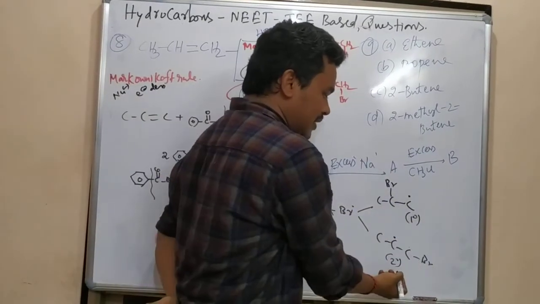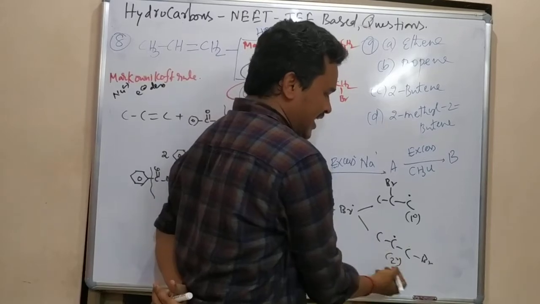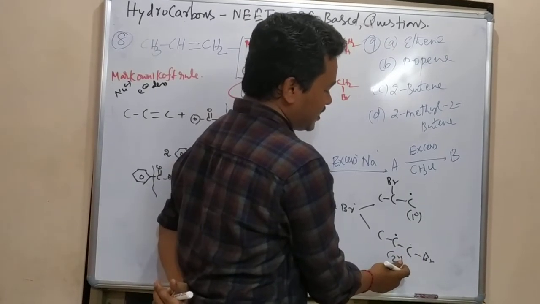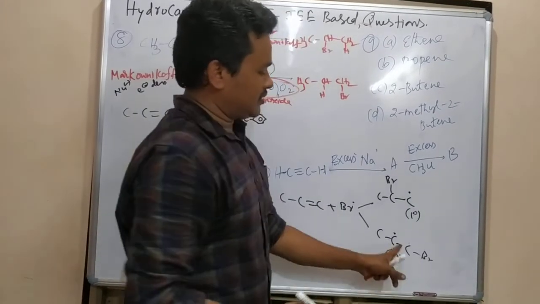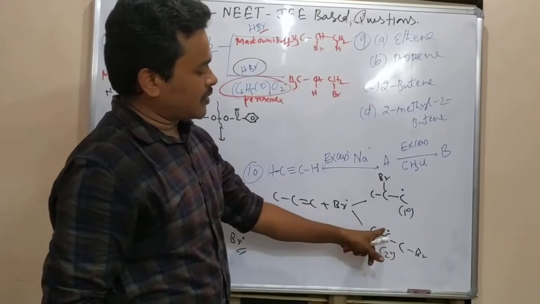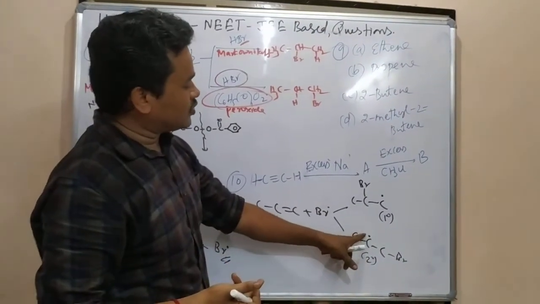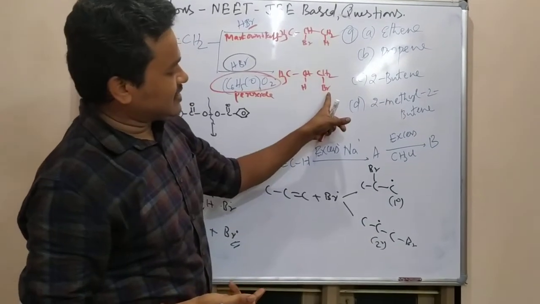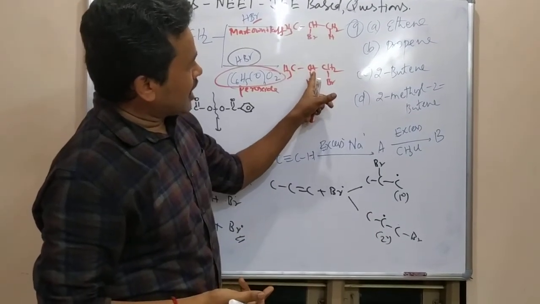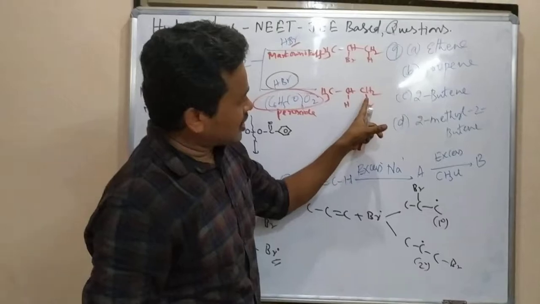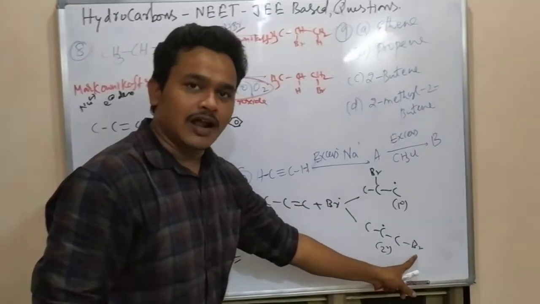The secondary radical is more stable. So whatever hydrogen is remaining will come in the process and attach here. Br attached at the last carbon.